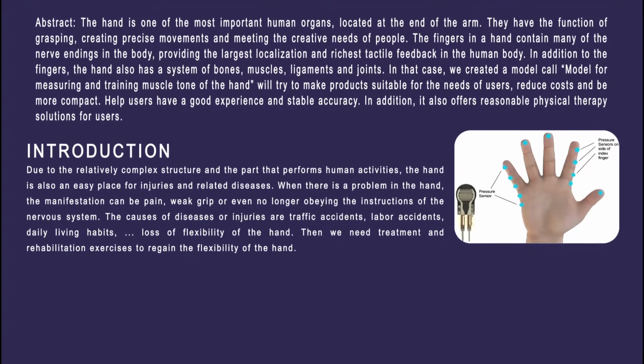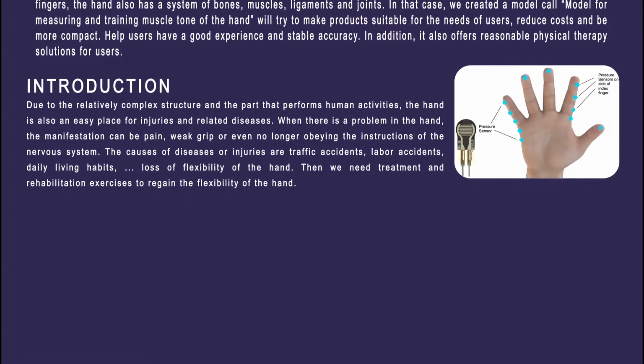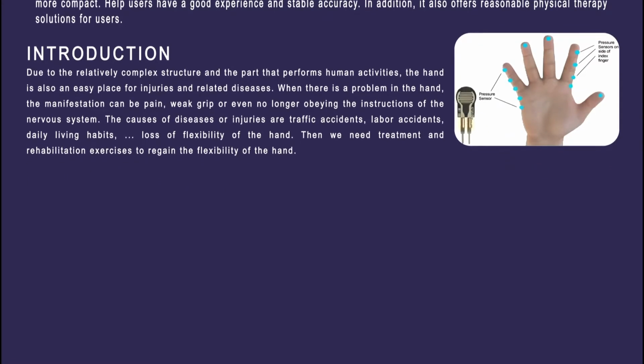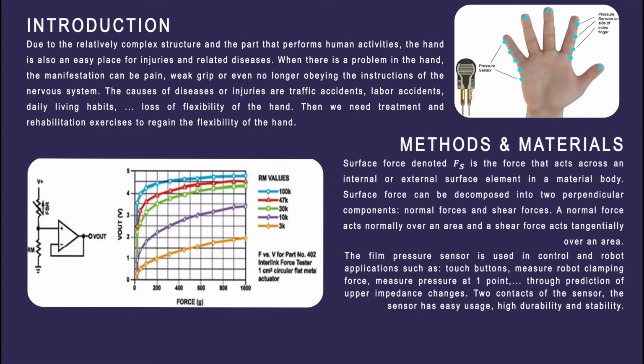The principle on which my topic is based is the formula of surface force. Surface force is defined as the force acting on an internal or external surface element of the material. Surface forces can be divided into two mutually perpendicular components, the normal force and the shear force.